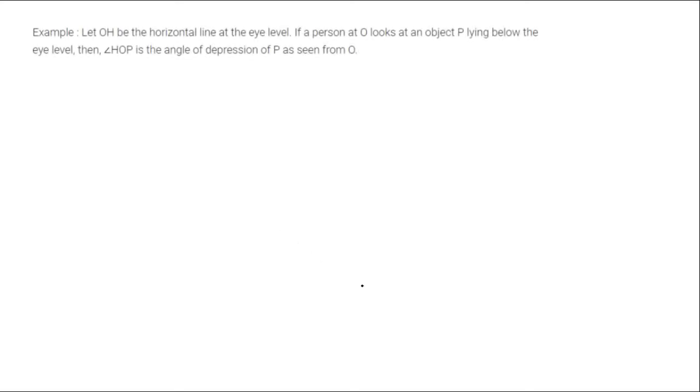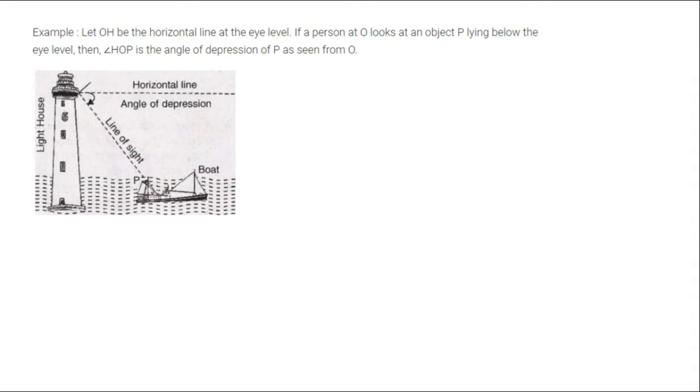Have a look at this example. Let OH be the horizontal line at eye level. If a person at O looks at the object P lying below the eye level, then HOP is the angle of depression of point P as seen from O. Here is the point O, the observer, and this is a horizontal line, this is the line of sight.